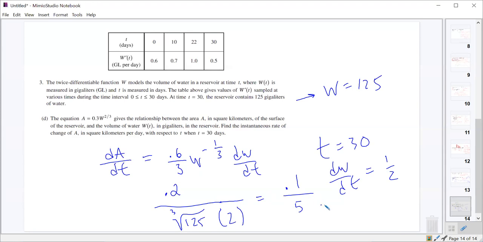Or if I multiply this by 10, it should come out to be 1 over 50 kilometers squared per day. Good or no? Good. Yep, just take the derivative with respect to t, plug in all your values, just a little related rate thing.